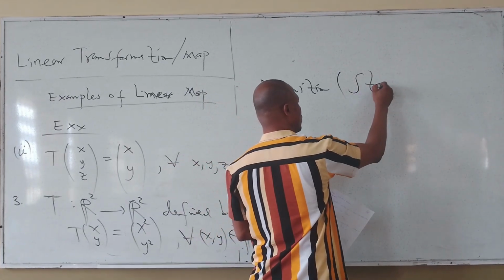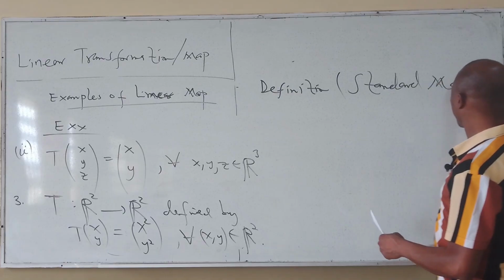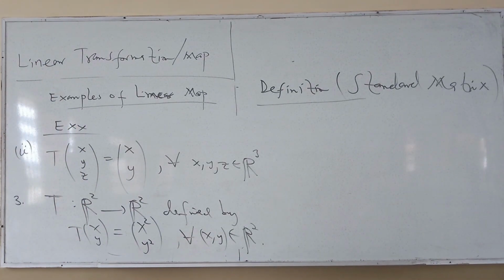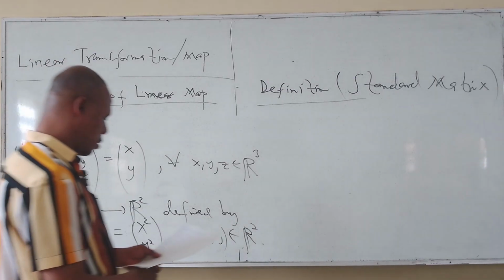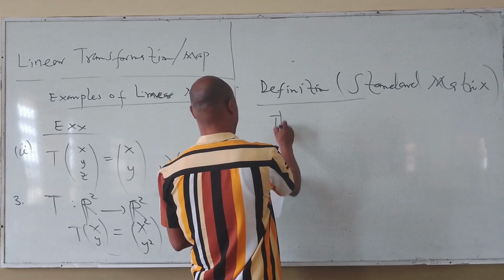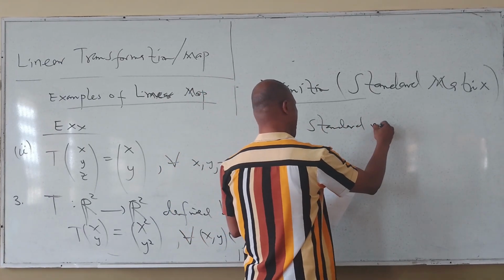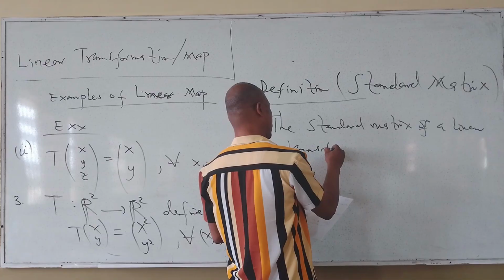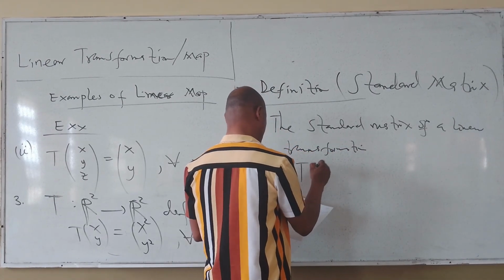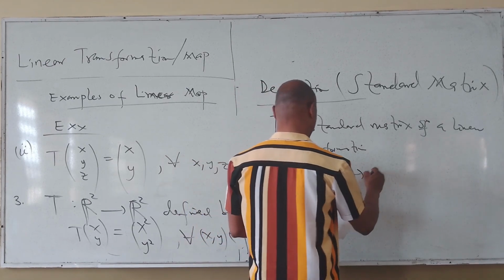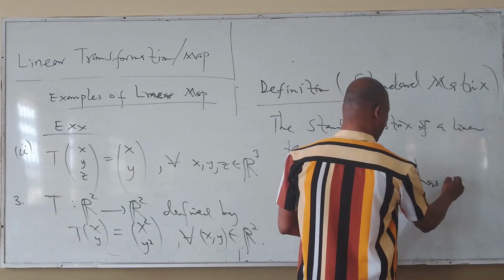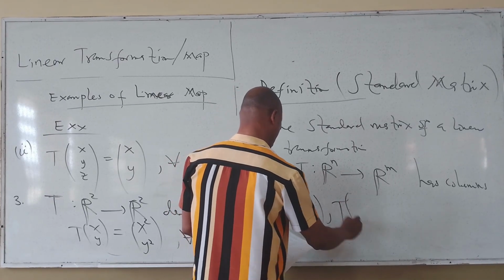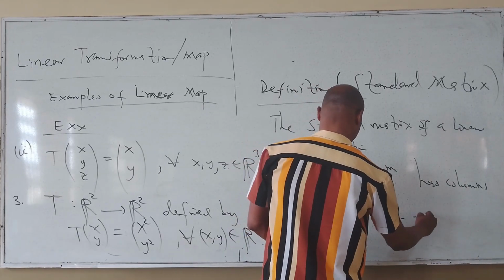So the standard matrix of a linear transformation T from R^n to R^m has columns T(e1), T(e2), up to T(en).